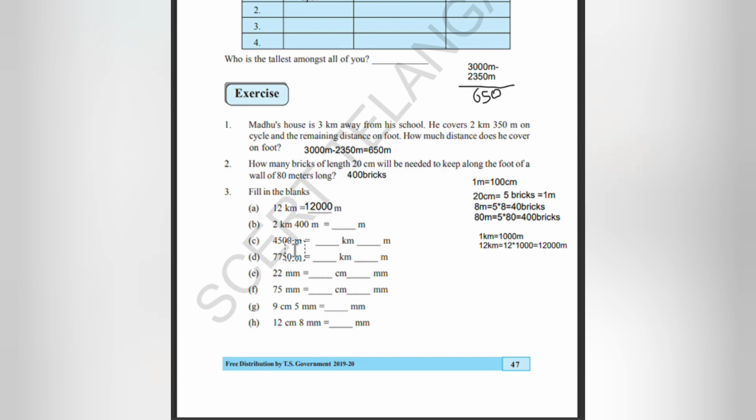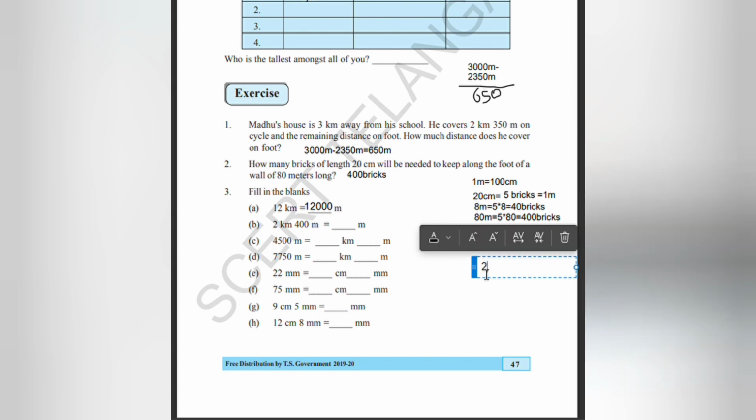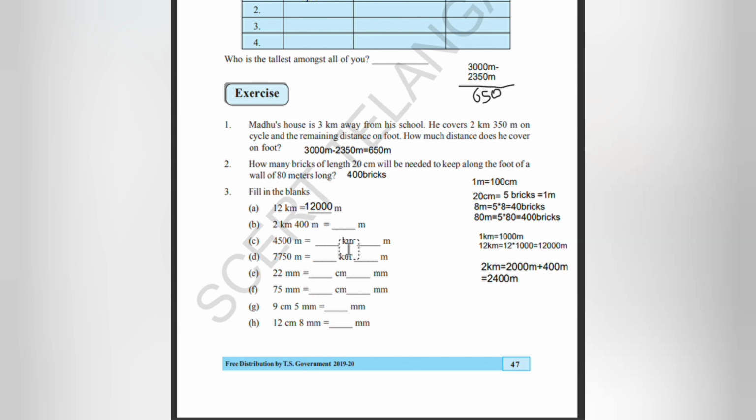Then next one, 2 kilometer 400 meter. What will be that? 2 km is equal to 2000 meter. Then adding plus 400 meter, we can write here as 2400 meter.